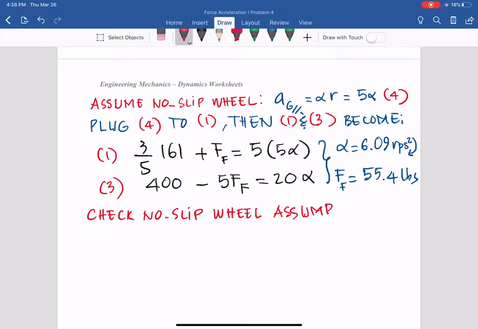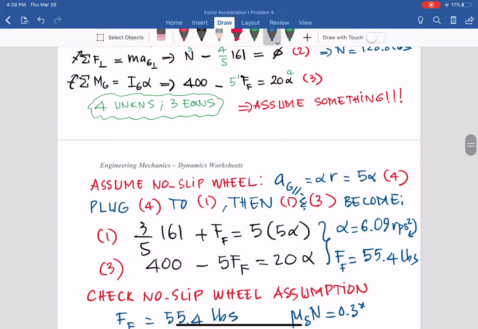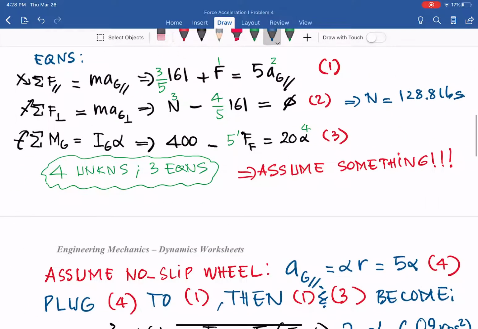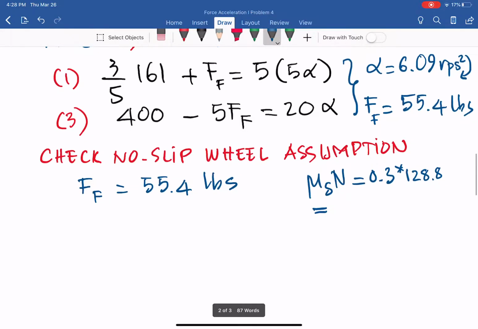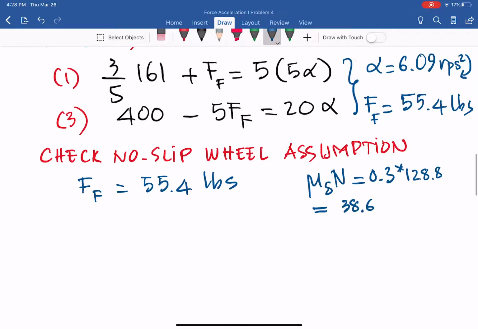No slip wheel assumption, and in that case, as you can see, FF has to be greater than mu sub S times N. Let's see whether that's the case. So FF equal to 55.4 pounds, mu sub S N equal to 0.3 times, and we have it here 128.8, which is equal to 38.6 pounds.